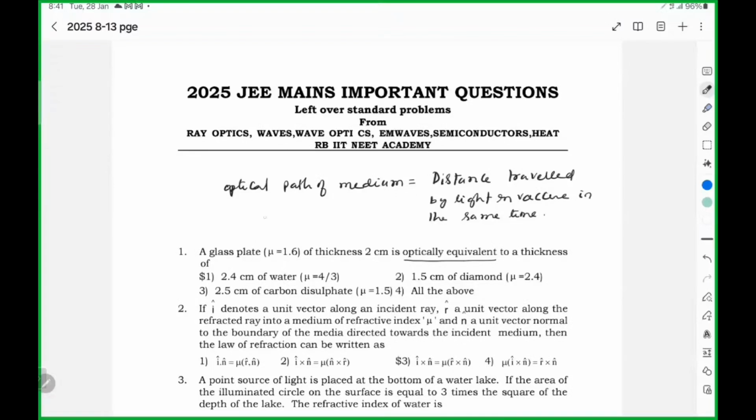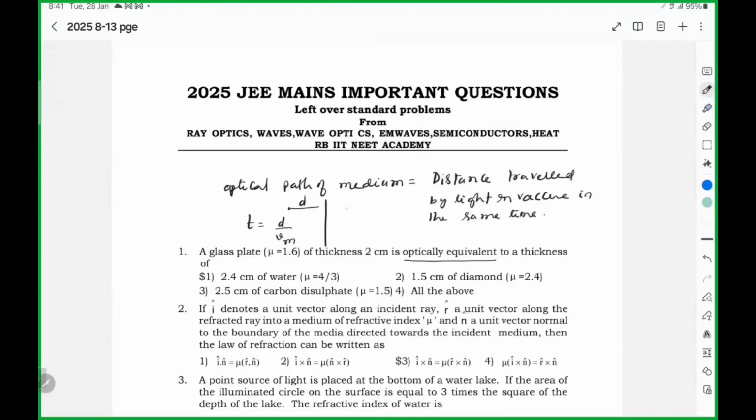Suppose in one medium light is traveled, then the time taken to cover this distance is distance divided by the velocity of that light in the medium.